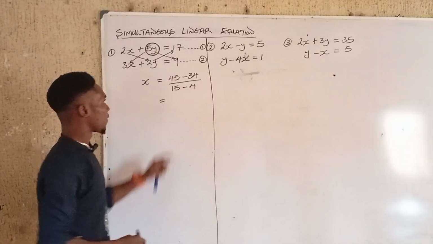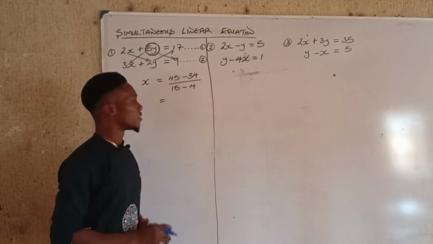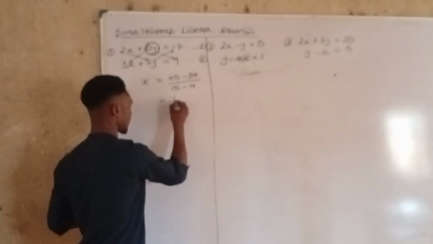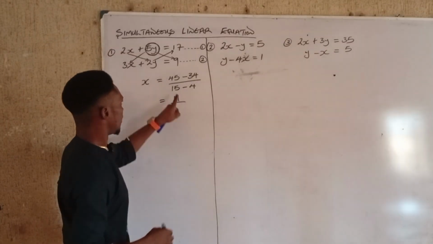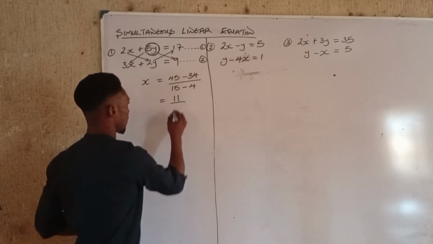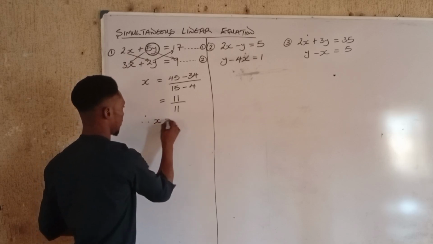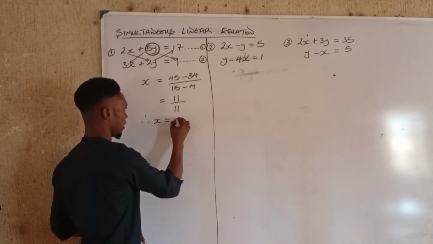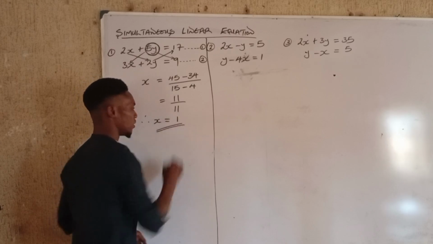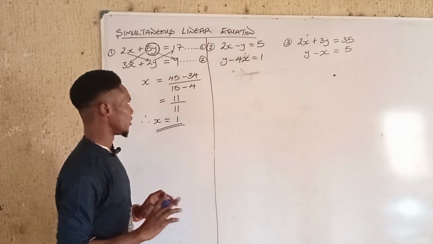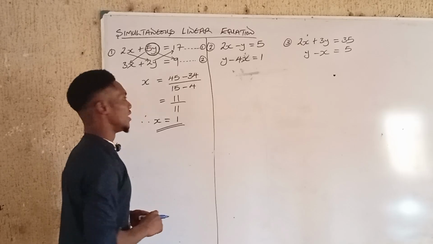Then we subtract: 45 minus 34 is 11, all over 15 minus 4, which is 11. Therefore, x is equal to 11 divided by 11, which is 1. So we've gotten our x. Very simple and short and straightforward.